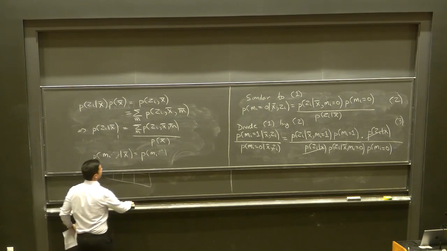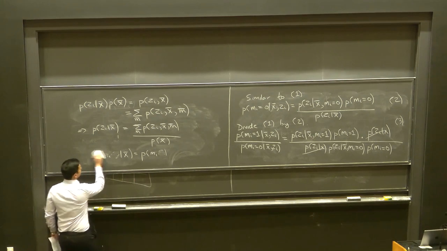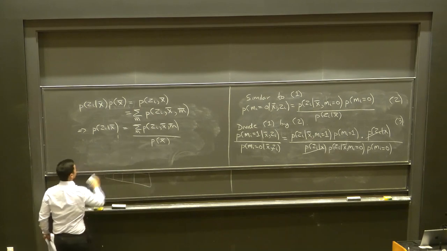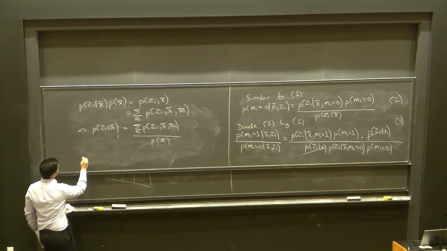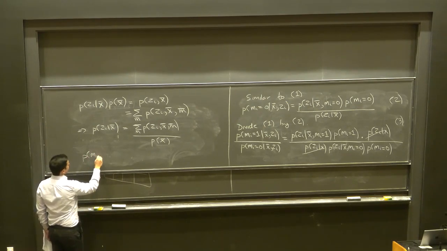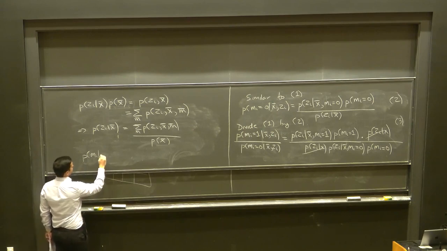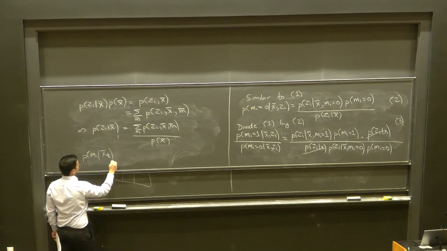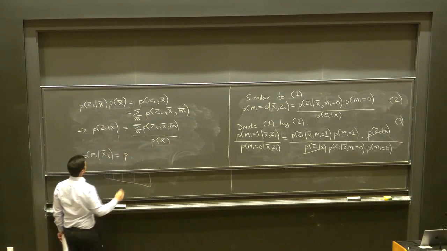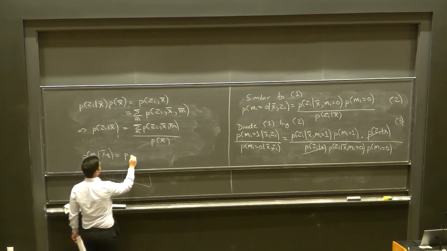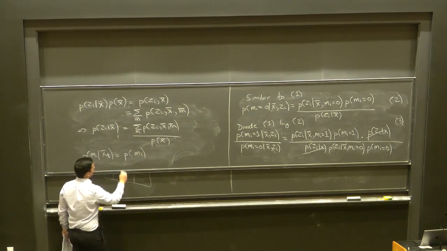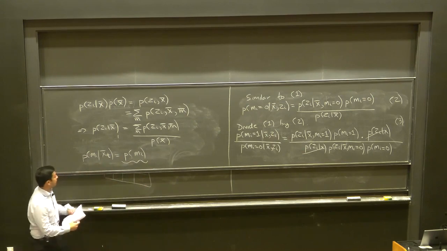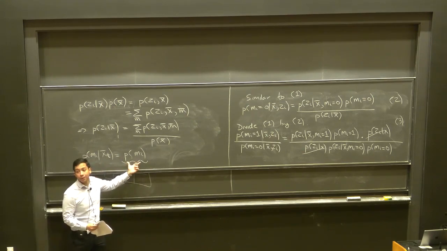Except that the specific assumption is going to be P of mi given the X at the current time step is equal to P of mi, where this right-hand side over here is the most up-to-date belief about the occupancies.